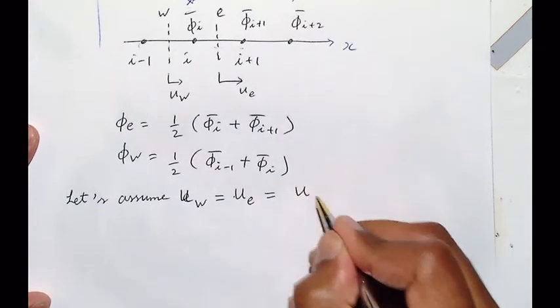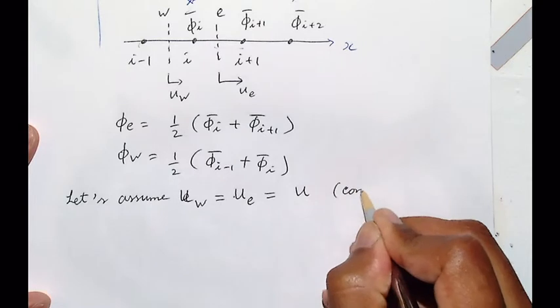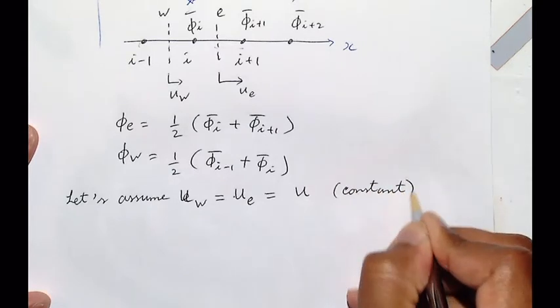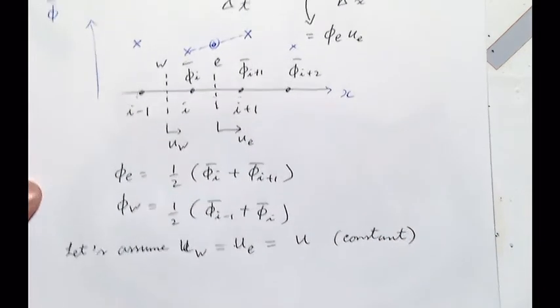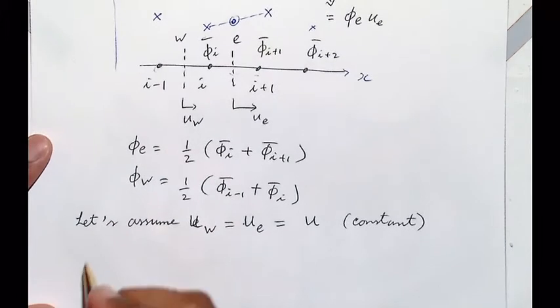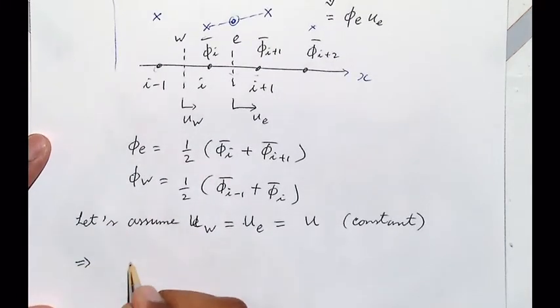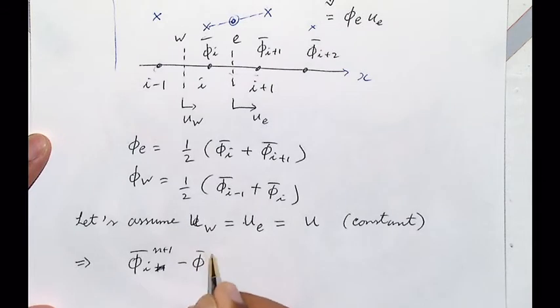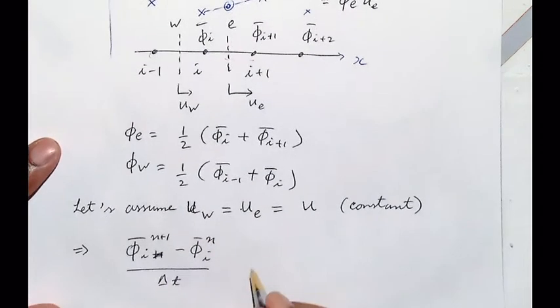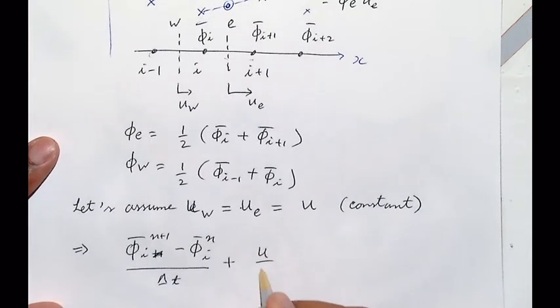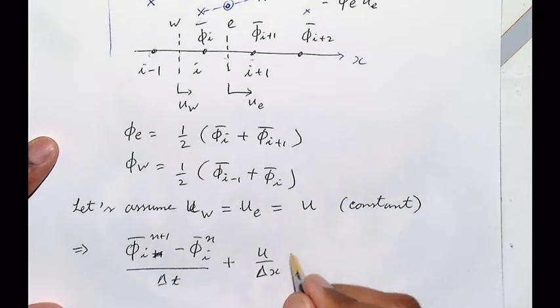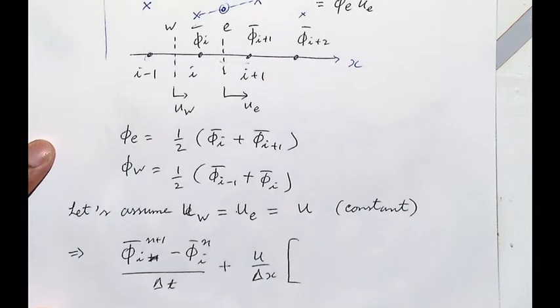Right? Which means the finite volume discretization becomes the following, and we take the u over Δx out, and inside what we have is this.